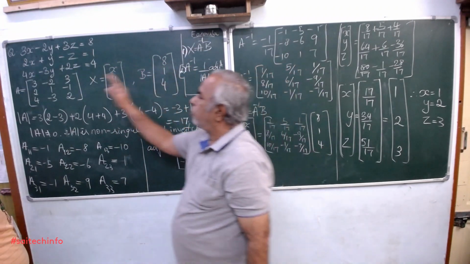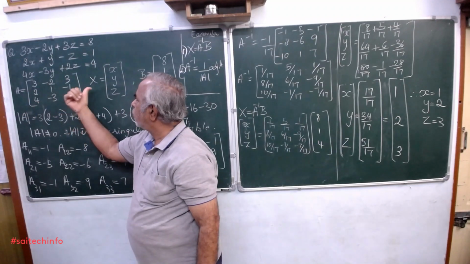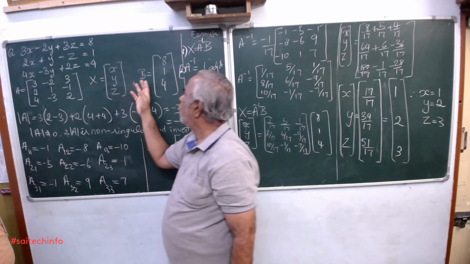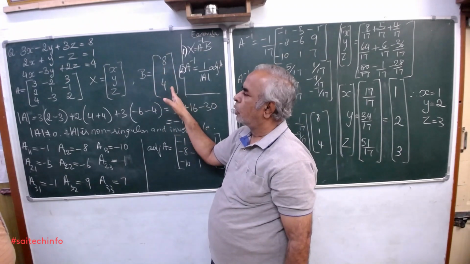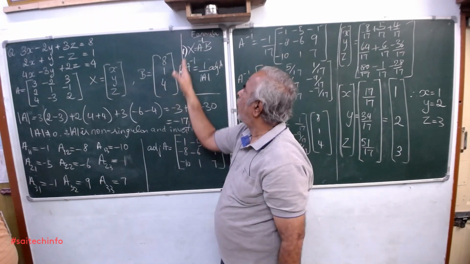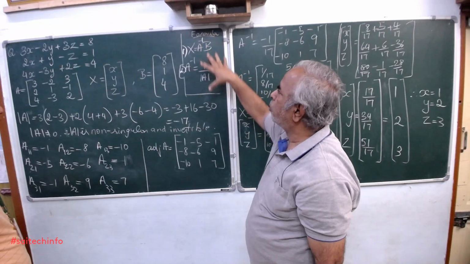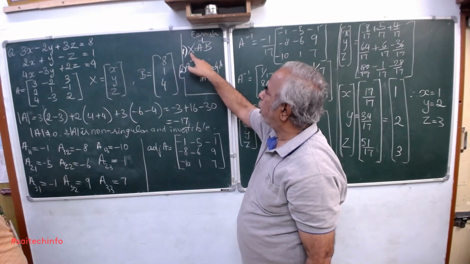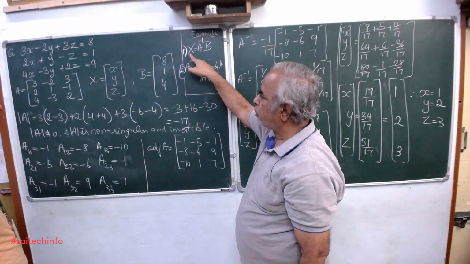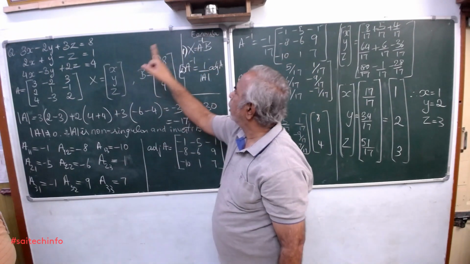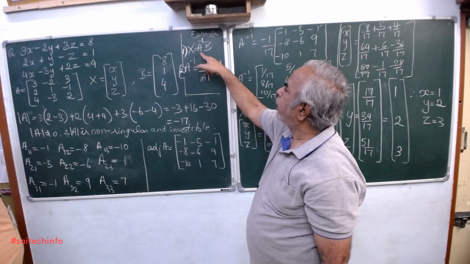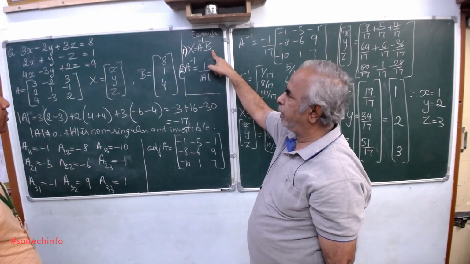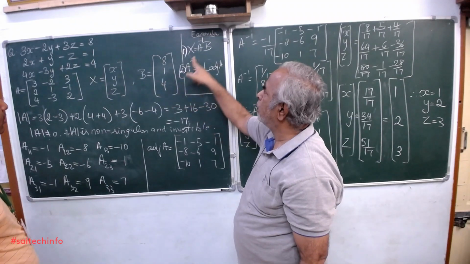So now we have A, the matrix; X, that is x, y, z, the variables we are going to find; and B, the constant single column matrix. I hope you should now understand. You can employ these two formulas. The first formula, to find the solution X, that is x, y, z, is to multiply A inverse with B. What is A inverse?